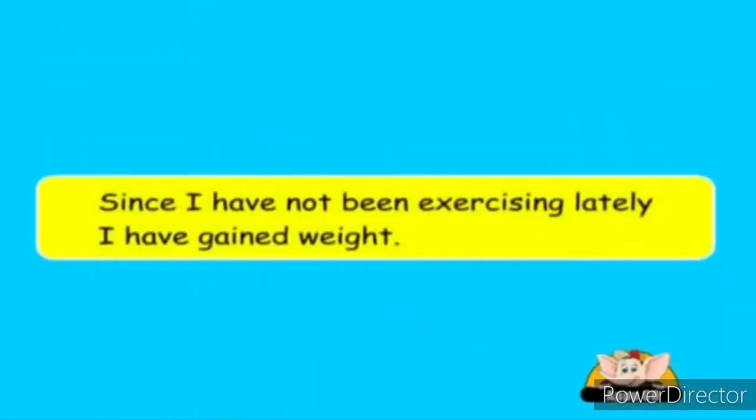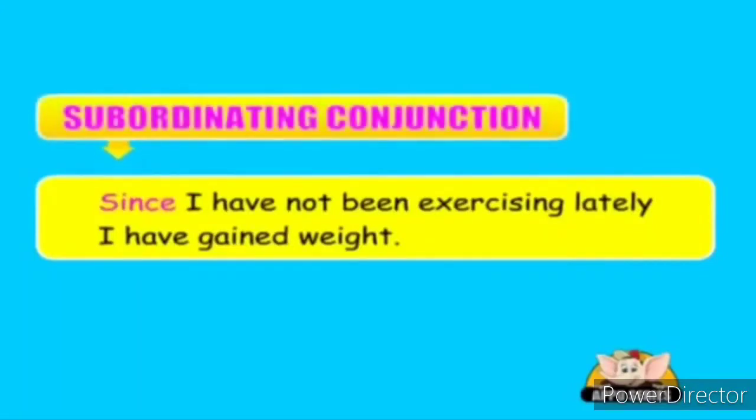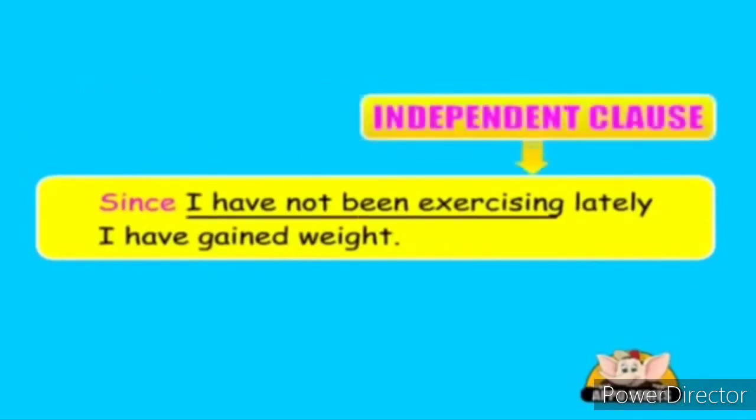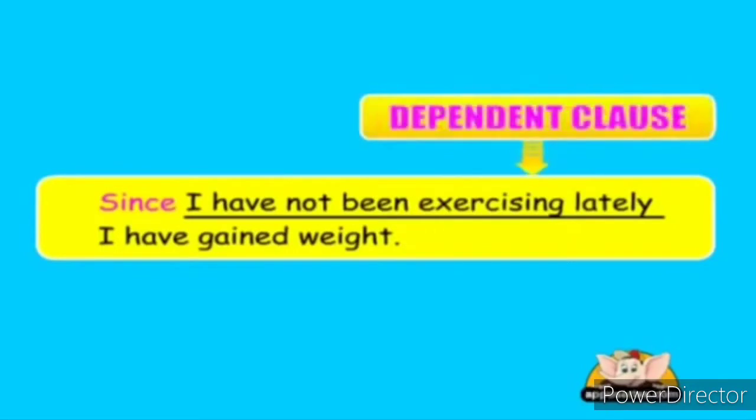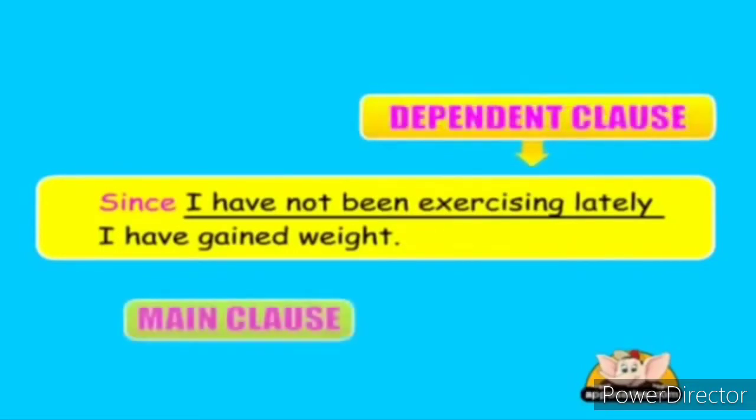Since I have not been exercising lately, I have gained weight. The word since is a subordinating conjunction. It turns the independent clause, I have not been exercising lately, into a dependent clause that relies on the main clause, I have gained weight.